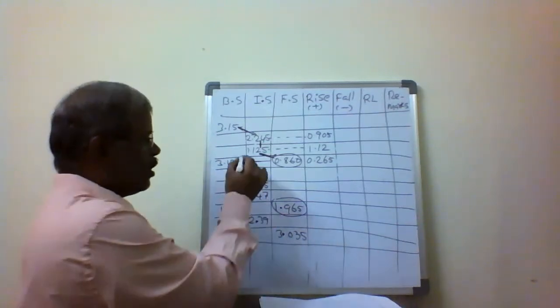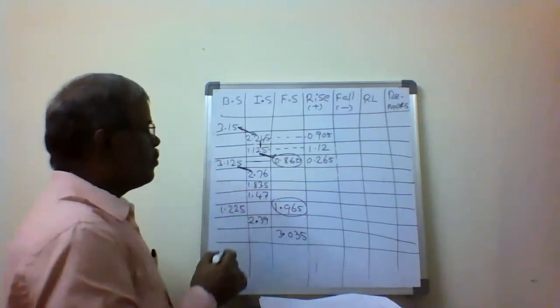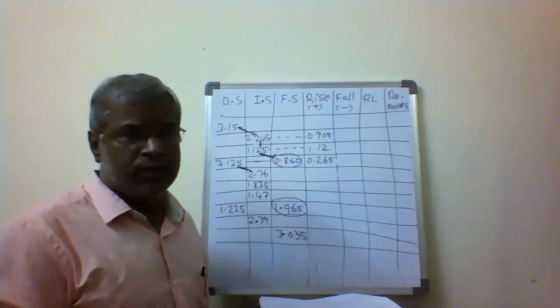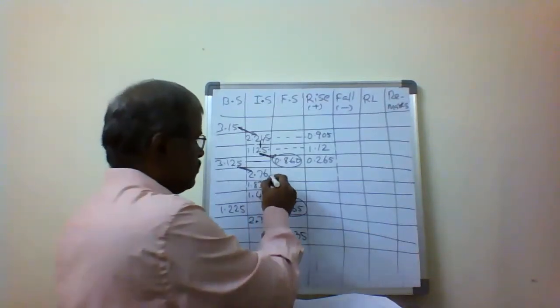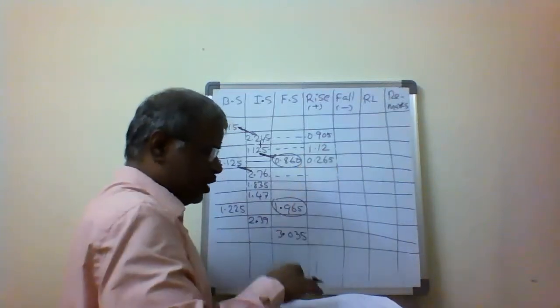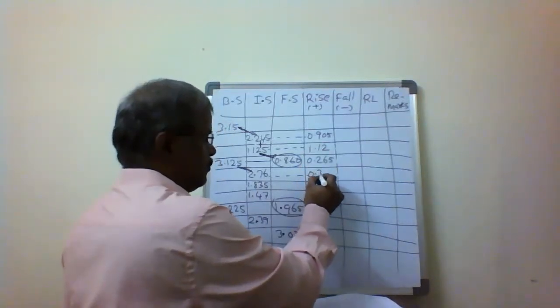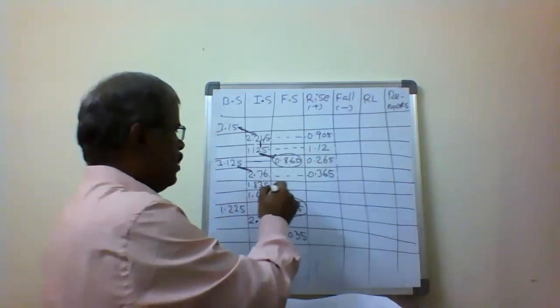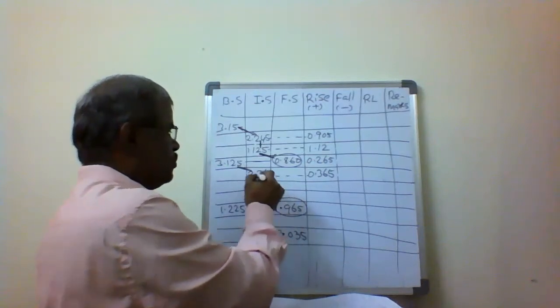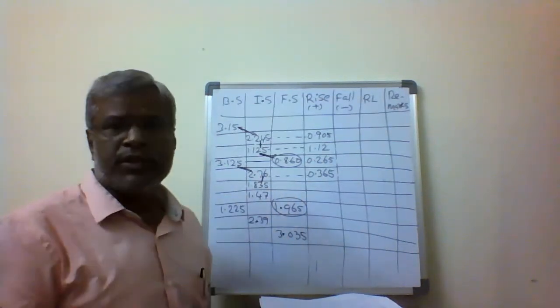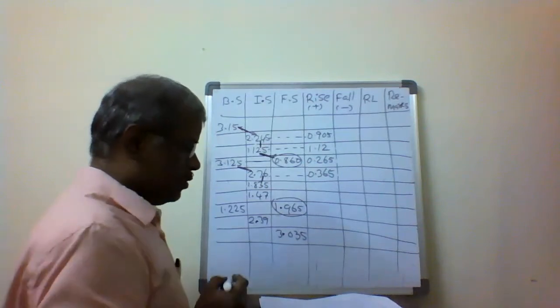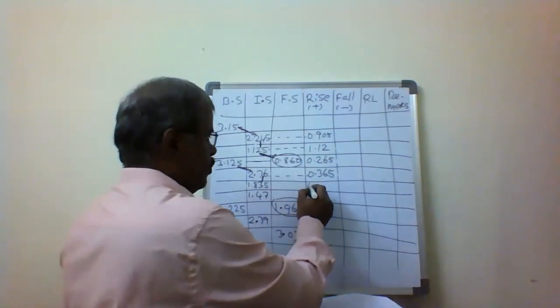Next we compare these two, 3.125 minus 2.76. The difference is positive, so it is another rise, 0.365. Then we compare 2.76 and 1.835, 0.925.